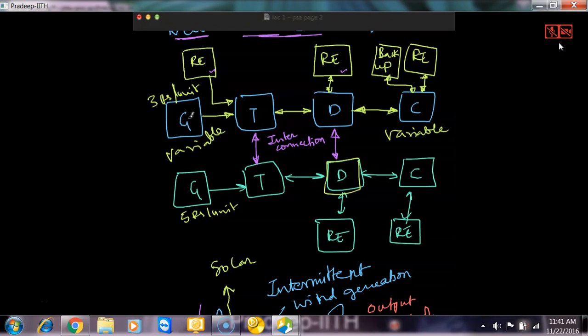So either the power will flow from here to this place and down to this place like this, or the power will flow from here to here. So how to enable buying and selling of power between two different regions? So this is another problem that is coming because of this system.